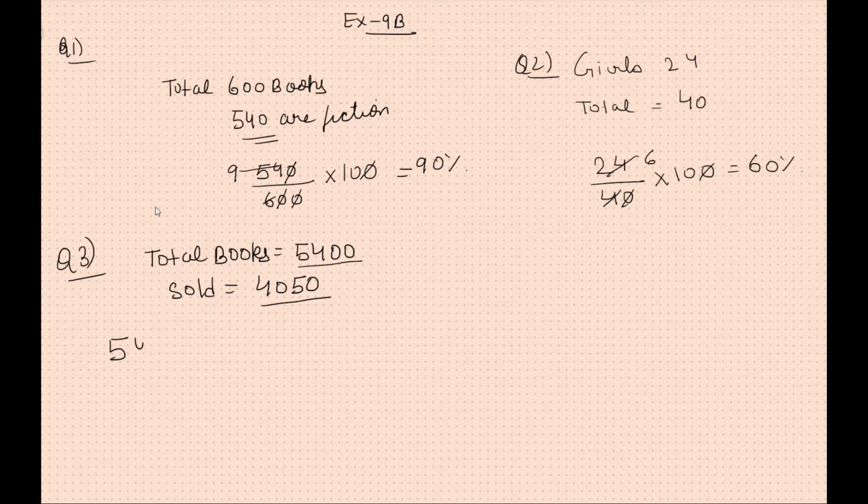So 5400 minus 4050. Okay, so let's subtract. What will you get? Please do it while you are watching the video. I am also doing it. Okay, so it will be 1350. So 1350 is the number of books that he was not able to sell.